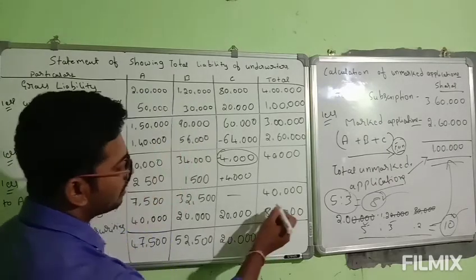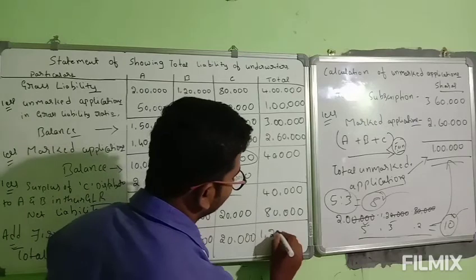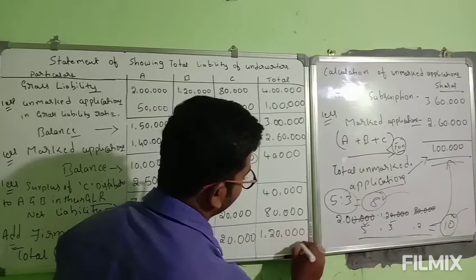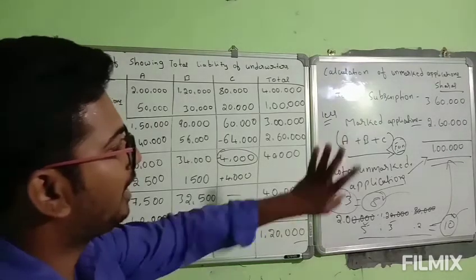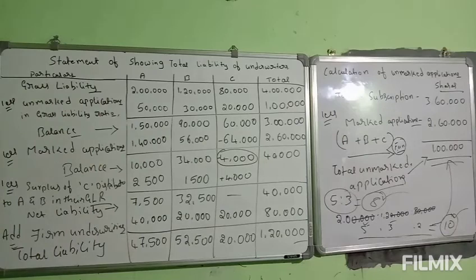So total 80,000 plus 40,000, 1,20,000. So in this question there will be a little new adjustment. You can treat it as firm underwriting on par with marked applications. So that is how you will get the final answer, total liability.